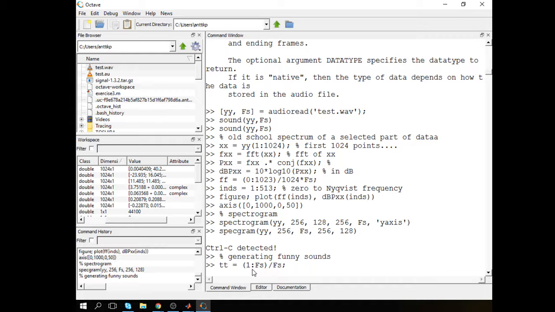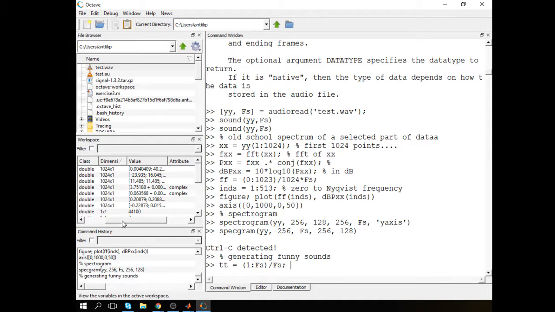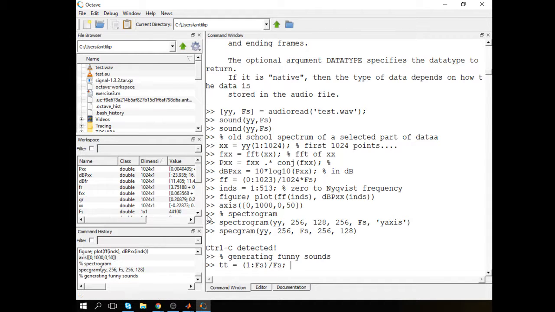The time vector with the sampling rate of fs. And my fs here is, I think, 44.1 kilohertz. Yes, good. That'll work. Sample time vector.